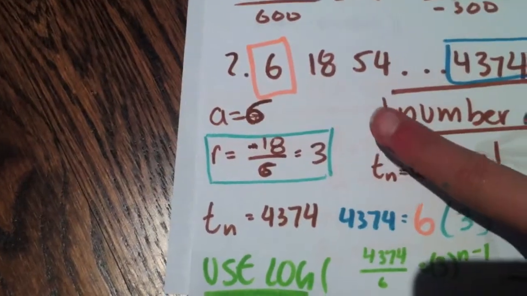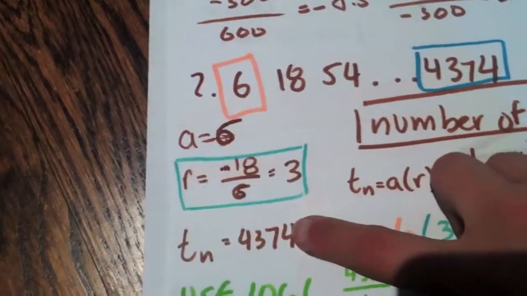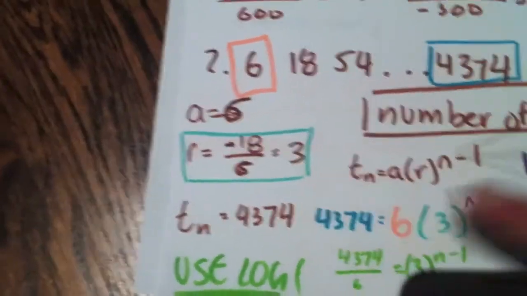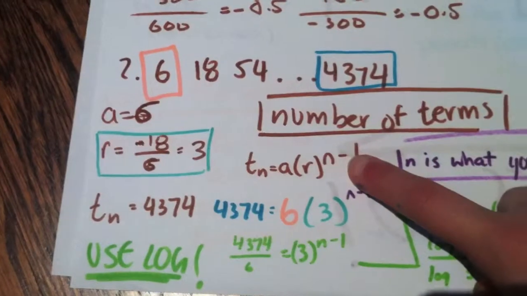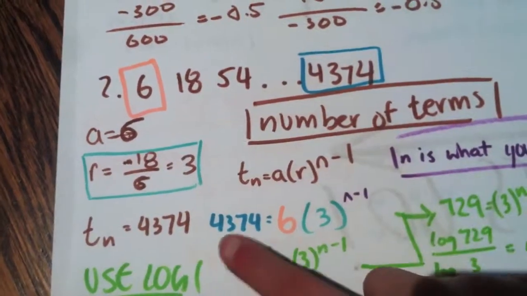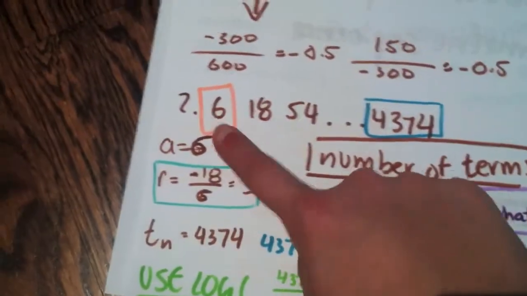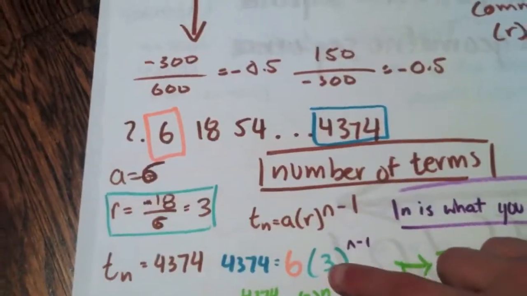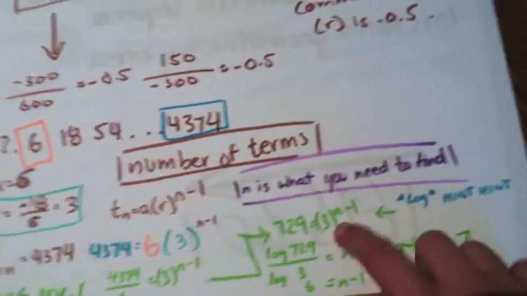So you know a, r, and Tn. What you would do here is take your formula and plug in what you know. So Tn is this, 6, r there, and n minus 1. n is what you need to find.